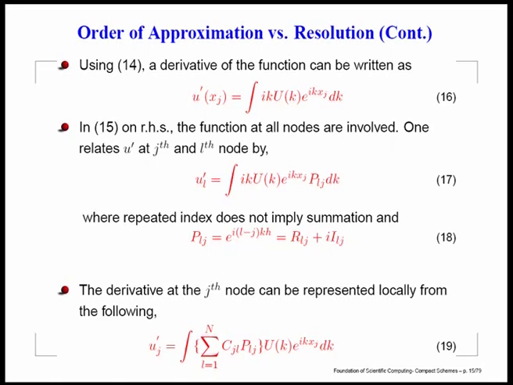Now, if I like to write the derivative at say the jth node, I can write it here, because on the right hand side we have a contribution coming from all the other nodes. Nonetheless, what we try to do is write an equivalent form where the phase is essentially written at the jth node. You have to understand that whenever we do this derivative operation, these are local operations, meaning I am trying to find out the derivative at the lth node.